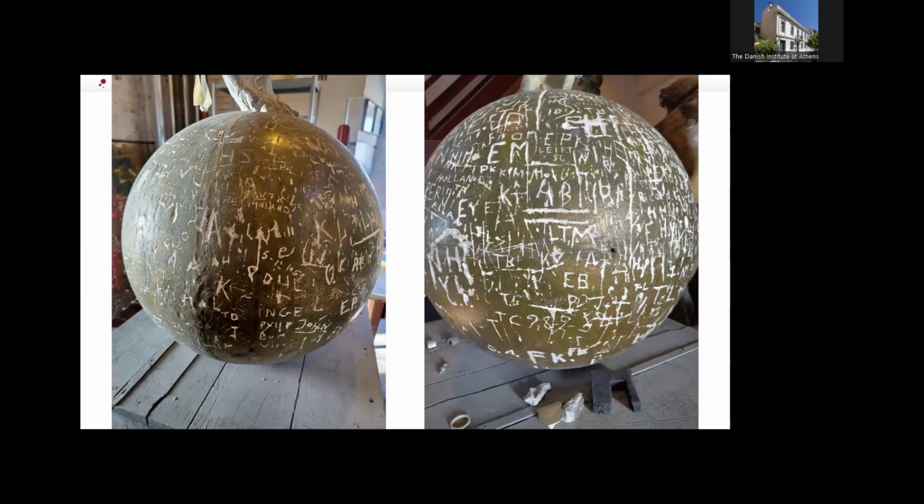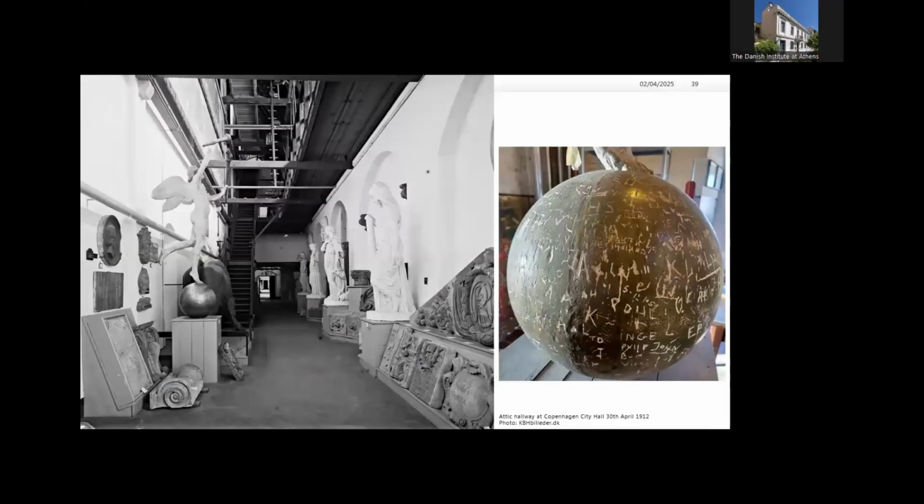Looking at the photo that I showed you previously, you can really see how great a difference there is in the sheen of the globe between 1912 and now. And it cannot only be explained by deterioration of the surface, I would say.